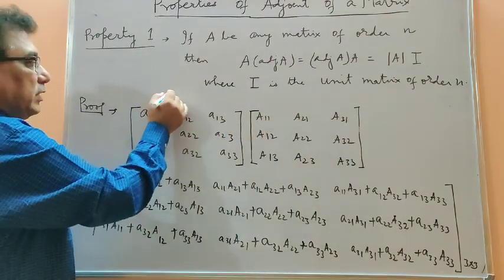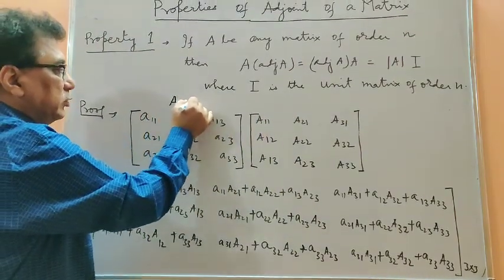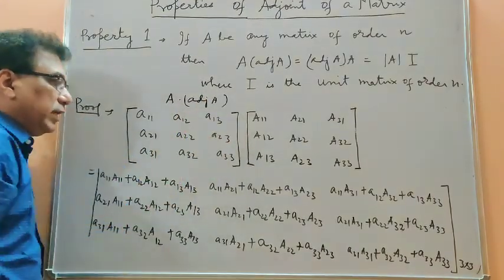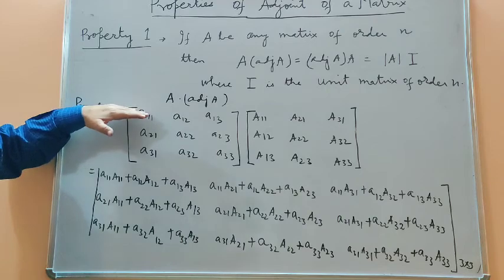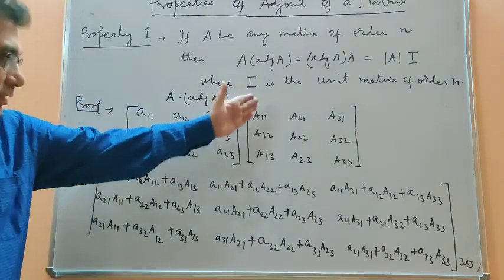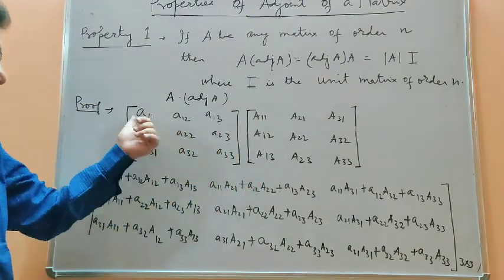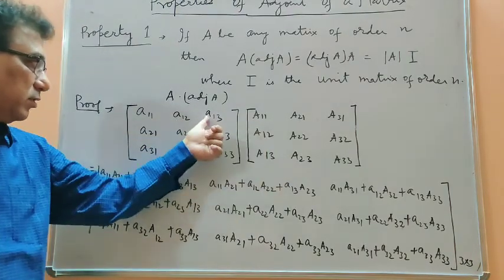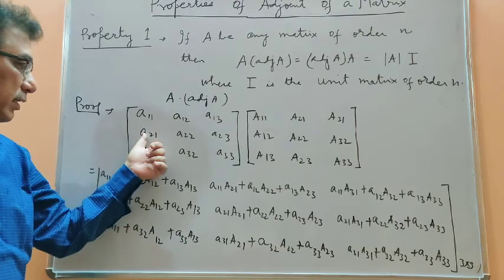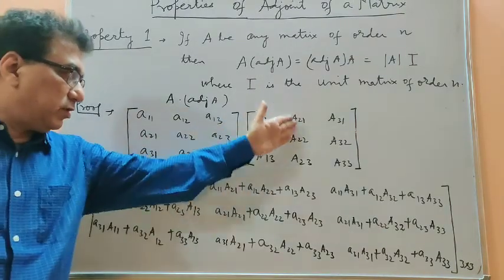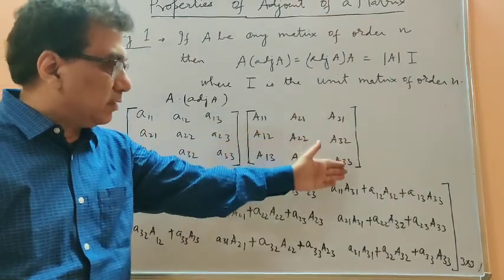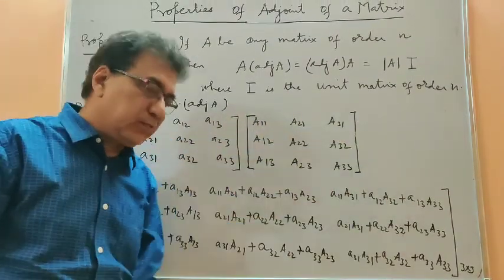So A has been multiplied with its adjoint. The cofactors of these elements are written along column 1. Cofactor of A11 is here, cofactor of A12 is here, cofactor of A13 is here. Similarly, the cofactors of the second row elements have gone in the second column, and cofactors of third row elements have gone in the third column because we have taken the transpose.